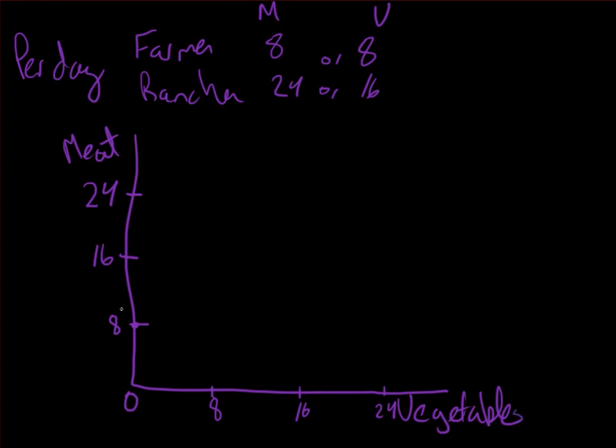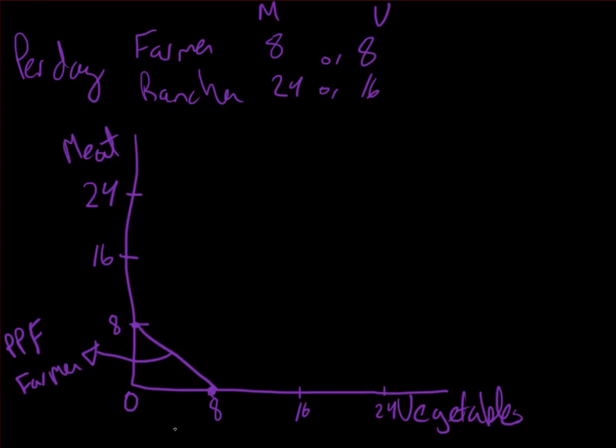If he produces only vegetables, he will not produce any meat and he will produce 8 units of vegetables. Okay. I will argue that the production possibilities frontier is a straight line between these two. So this straight line here is my PPF, my production possibilities frontier, for the farmer.